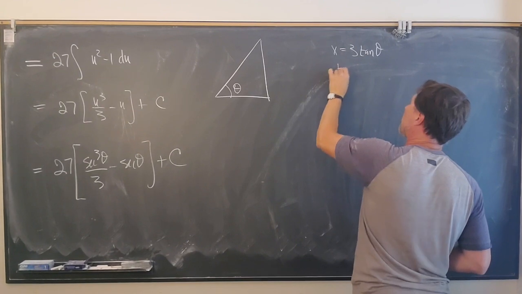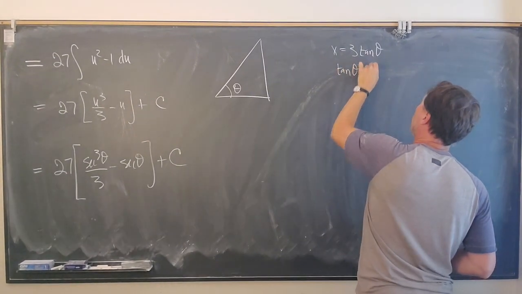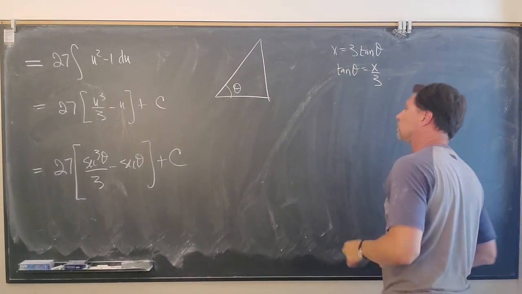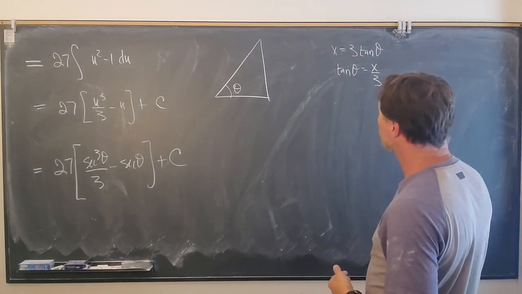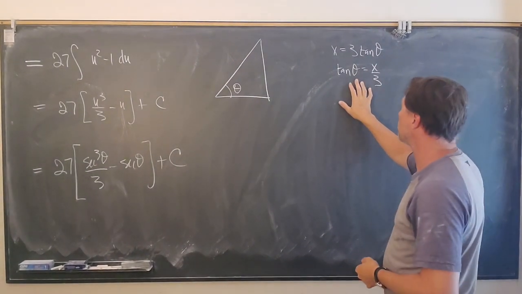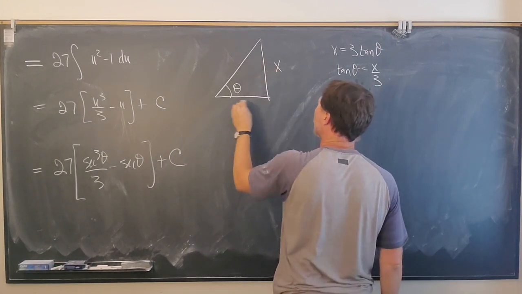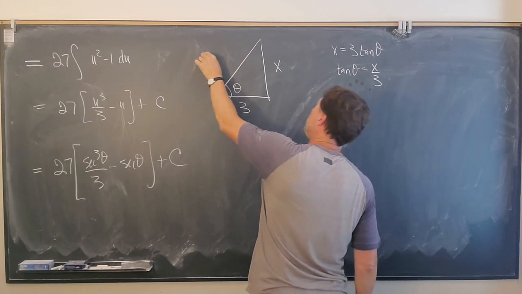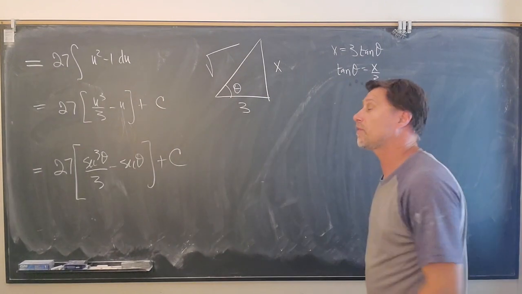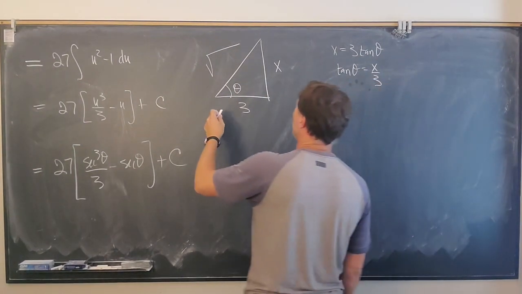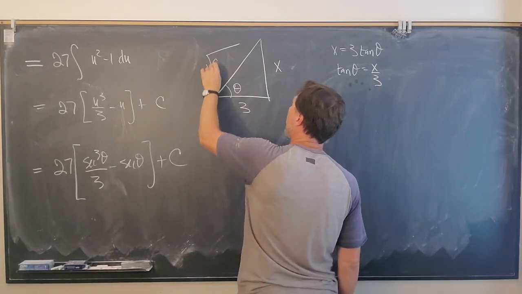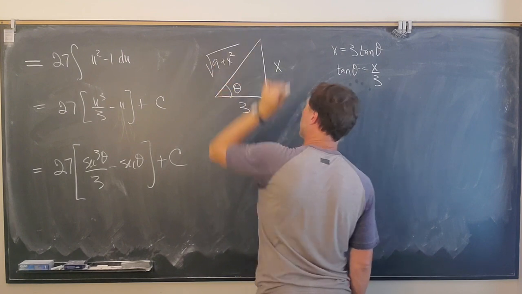And so that means that tangent theta equals x over 3. Label the triangle according to our substitution equation, which means, remember, tangent is opposite over adjacent. And then the Pythagorean theorem allows us to find the other leg. This will be the square root of 9 plus x squared.